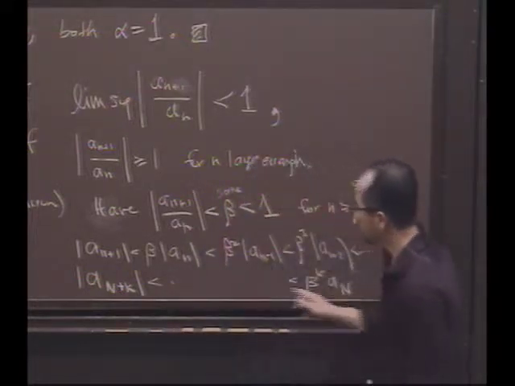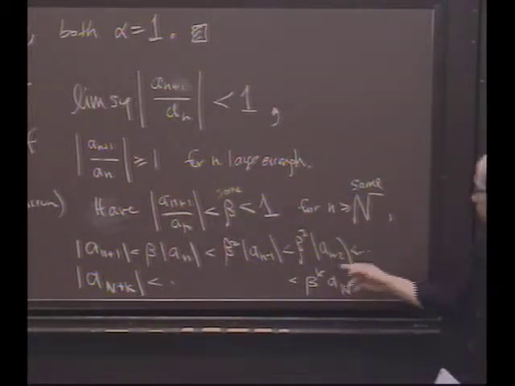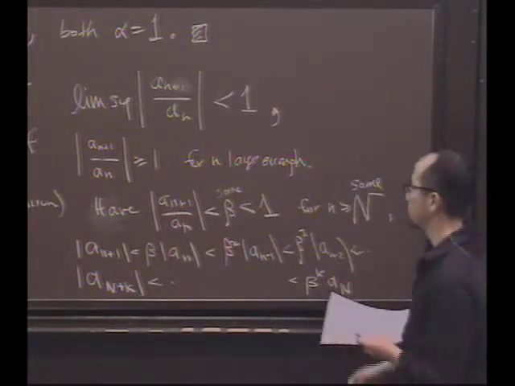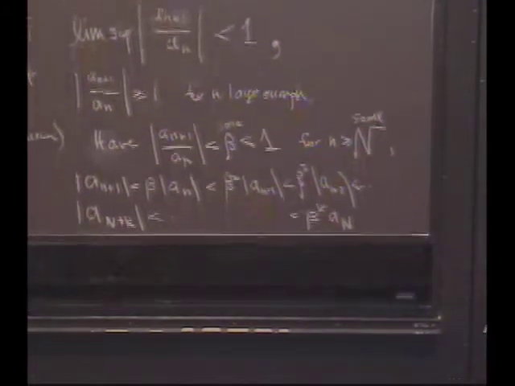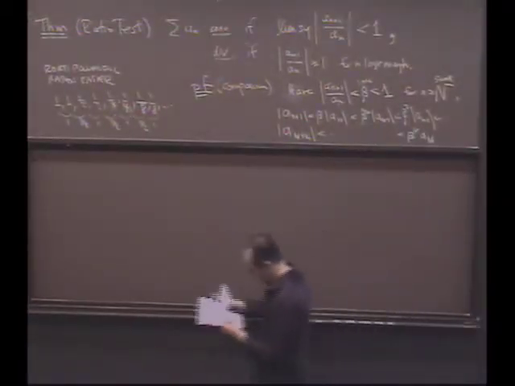So if you go any farther than big N, such as k more places, you can compare it to A sub n, beta to the k. And so what you have then is exactly what you need, namely the sum of the A sub n's.